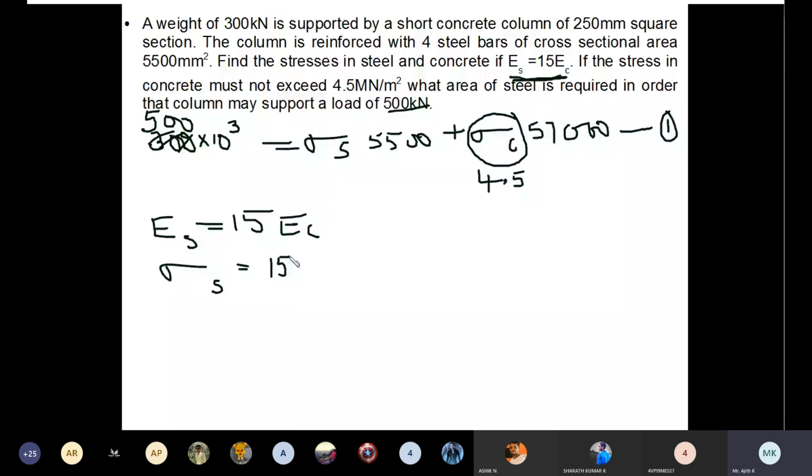Sigma S is equal to 15 times 4.5. You will get sigma S value 67.5 Newton per mm square.